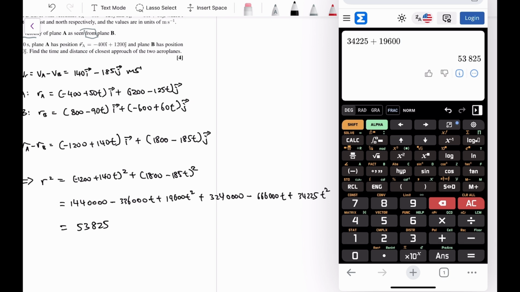And then afterwards, what we do is continue to simplify this. Four, 6, 8, 0, 3, 0. Great.